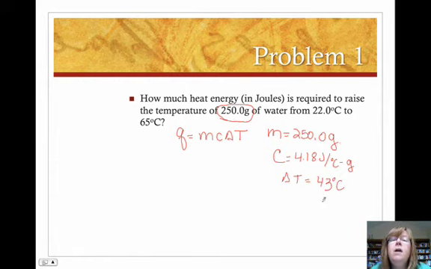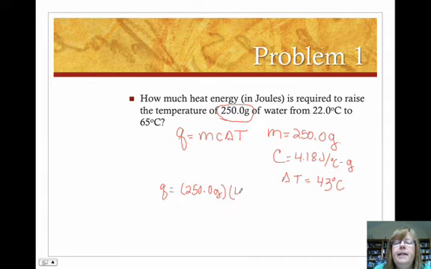Okay, all we have to do is plug those numbers in, we multiply them together, and we will get the amount of heat that we need to raise our water from 22 degrees to 65. All right, so 250 grams. The heat capacity, 4.18 joules per degree C per gram, and 43 degrees Celsius.